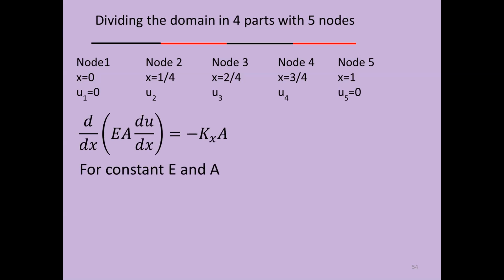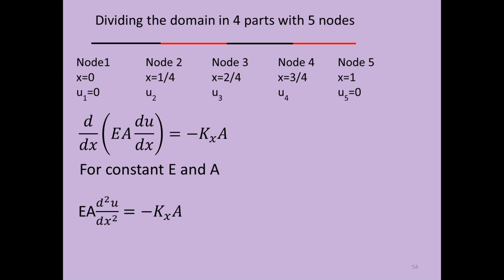This is the governing equation, and for constant values of elasticity and cross-section area, this can be simplified to take E and A outside. Kindly remember that in this particular case, Kx represents the load per unit volume.